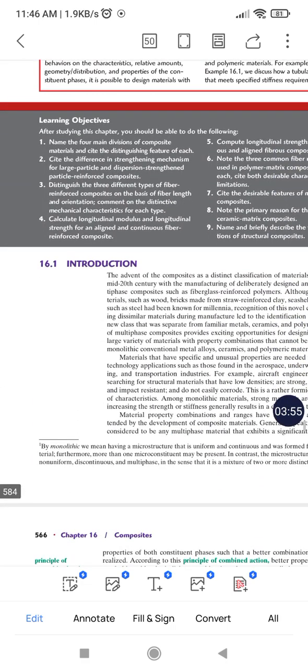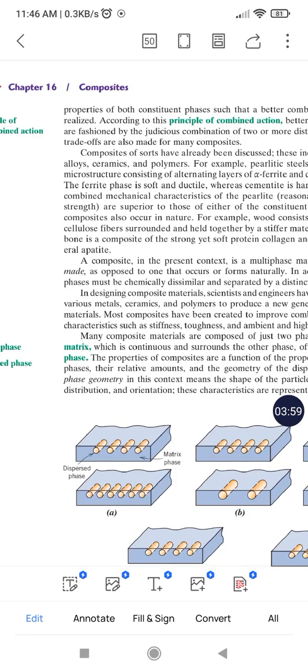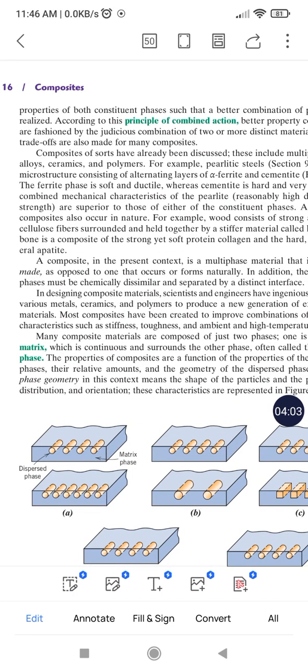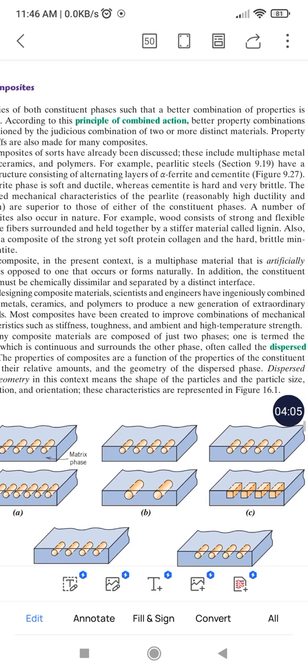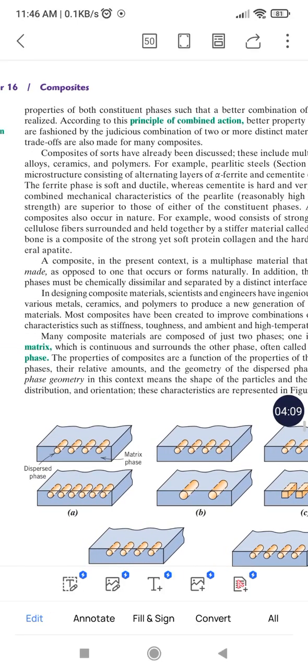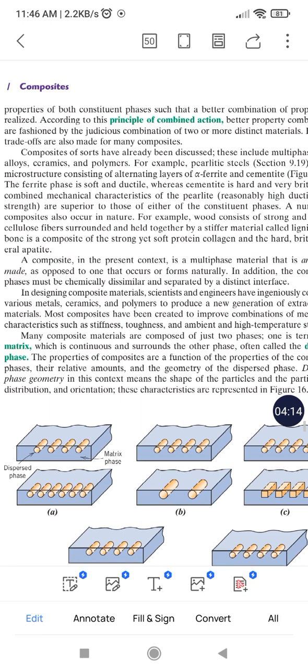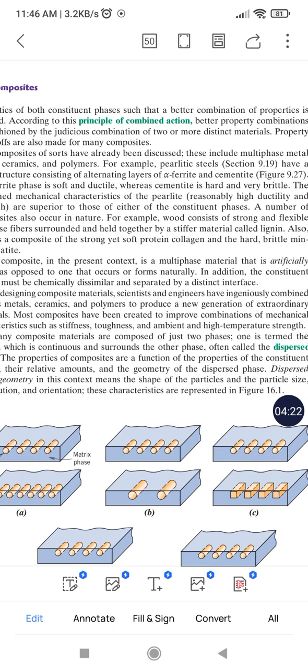First of all, let us see how this material is made. We have many composite materials which are composed of two phases: one is termed the matrix and the other is termed the dispersed phase. The matrix is the continuous part and surrounds the other phase.